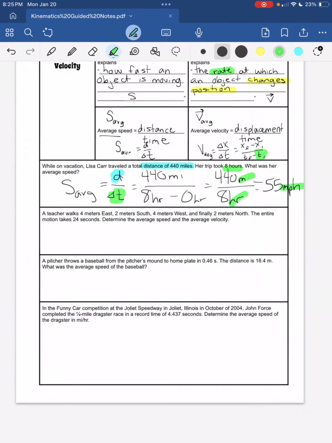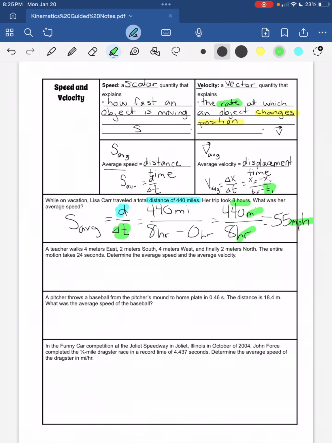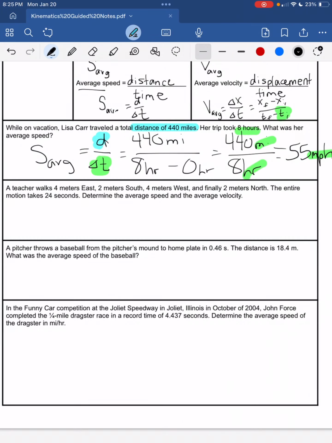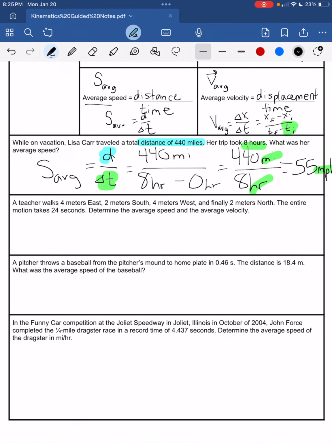All right, let's try another one. A teacher walks 4 meters east. Okay, I'm going to draw a little picture here. Two meters south and 4 meters west.